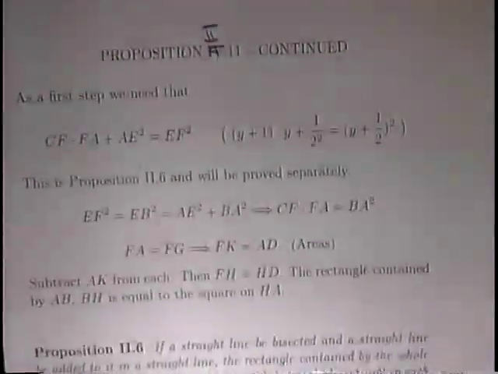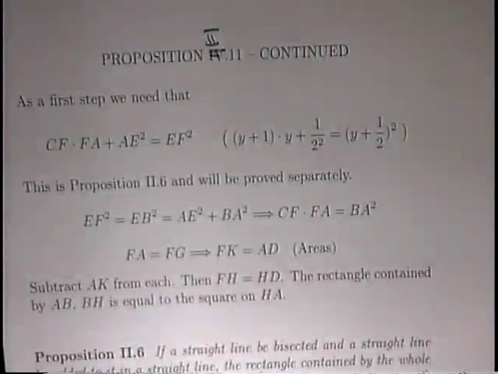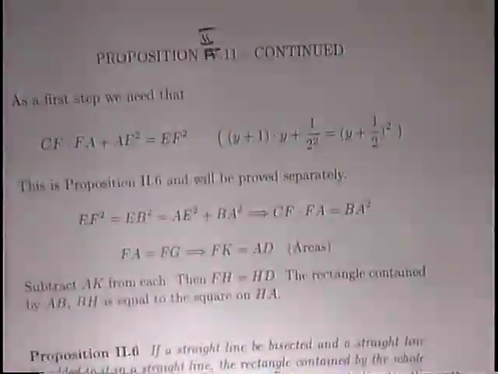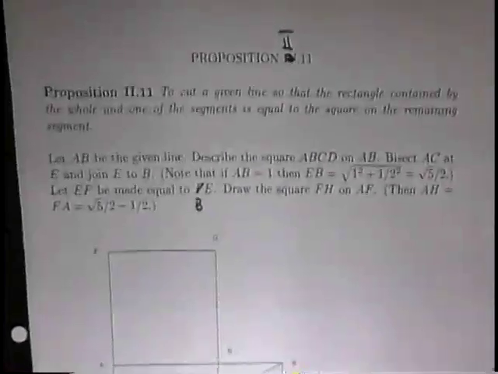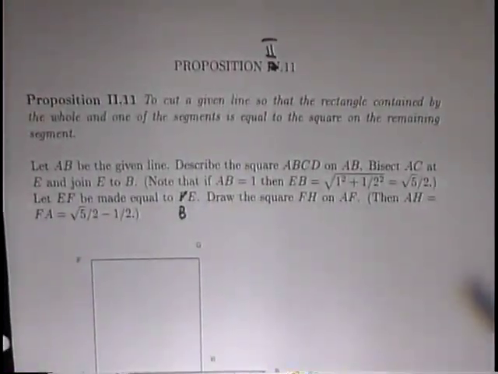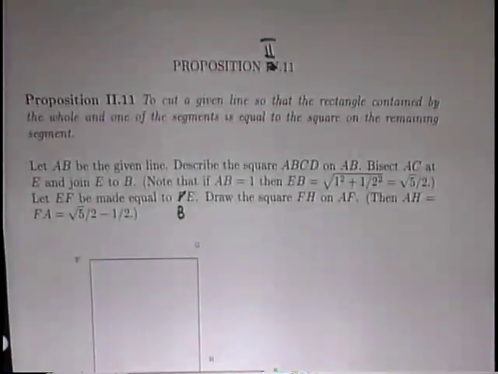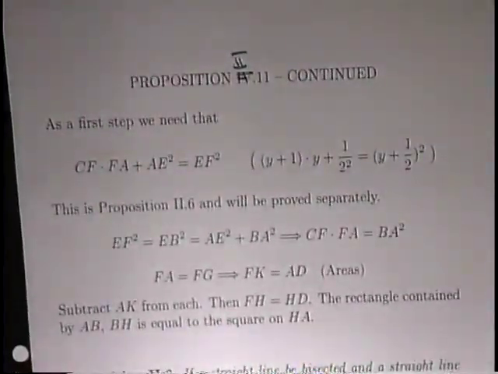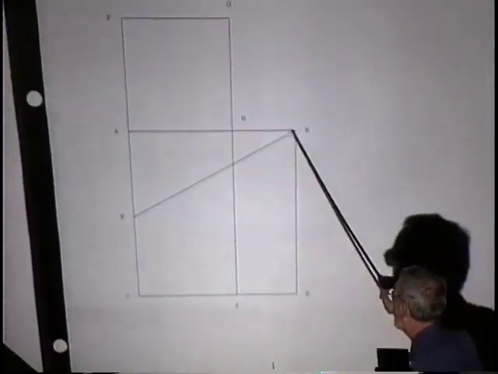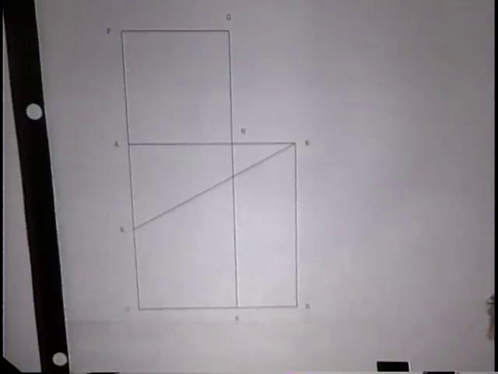So, as a first step, here's what is asserted: that the rectangle on AB and BH, so on the full line here and on the shorter of the two pieces into which it's been divided, is equal to the square on the longer piece.